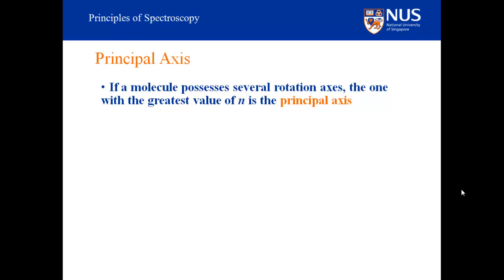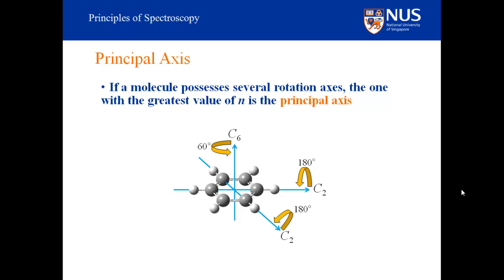So if a molecule has a C4 axis, like gold tetrachloride, that would be the principal axis in that system. A molecule like benzene, for instance, has a C6 axis, and that is the principal axis. It also has a lot of C2 axes as well, but the principal axis is the one with the highest value of n, the C6 axis.